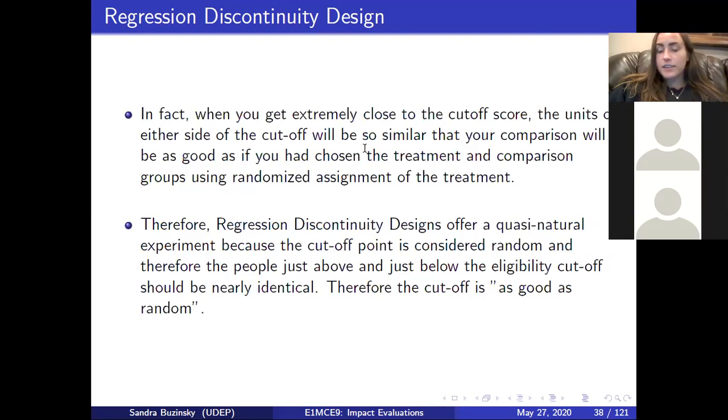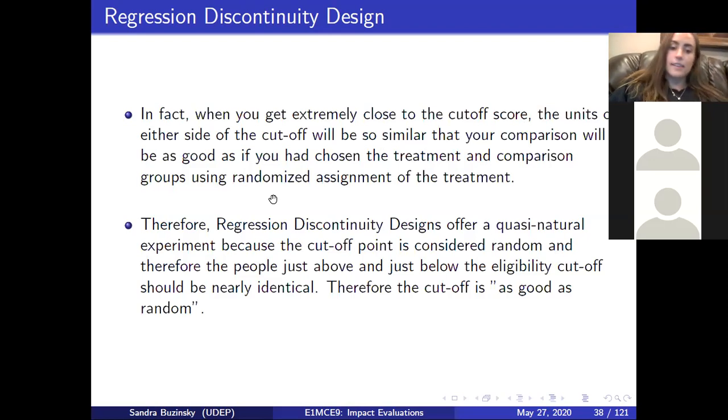So when you do get extremely close to the cutoff, theoretically, and oftentimes in practice, the units on either side of the cutoff will be very, very similar, so that your comparison will be as good as if you had chosen the treatment and comparison groups using the random assignment strategy. So this is as good as random.